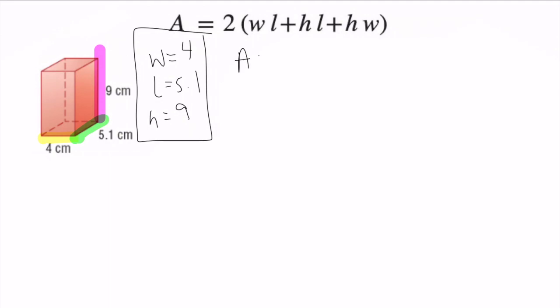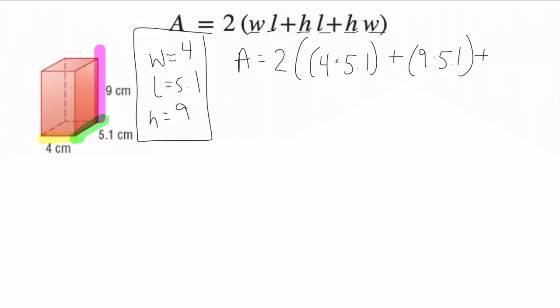So we have surface area equals 2 times our width times length, so 4 times 5.1, plus our height times our length, so 9 times 5.1, plus our height times our width, 9 times 4.